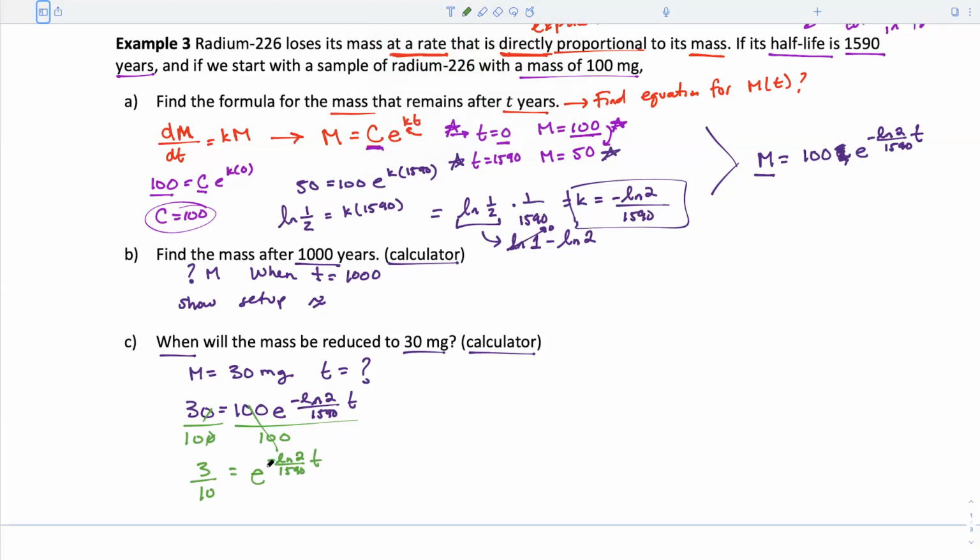How do we bring that T down? Take the ln of both sides. So now we got ln of 3 minus ln of 10. Neither one of those cleans nicely, so we're just going to leave it as ln of 3/10 for now. Anyways, it's a calculator problem, so it doesn't really matter. Equals, that's gone, negative ln of 2 over 1590 T. Multiply both sides by 1590, divide by negative ln of 2.